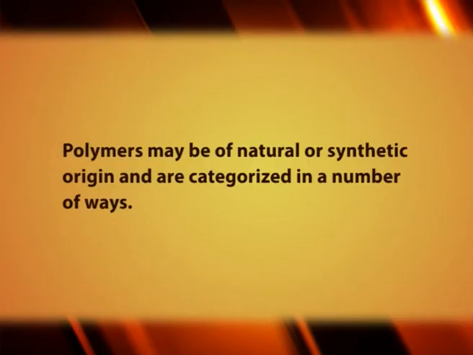Polymers are well-defined high molecular mass macromolecules which consist of repeating structural units, that is monomers. These polymers may be of natural or synthetic origin and are categorized in a number of ways. Almost all combustible substances are either natural or synthetic polymers. Wood is a mixture of 3 natural polymers: cellulose, hemicellulose and lignin.